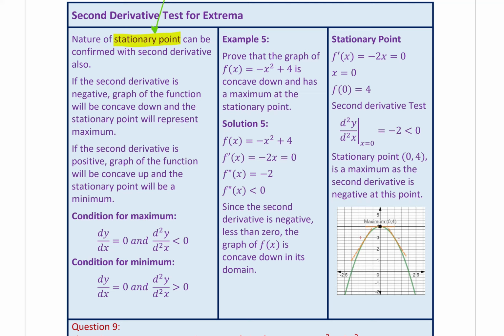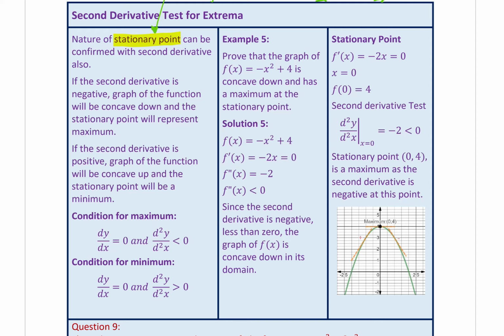So till now what we have done is we check the first derivative, and if it goes from increasing to decreasing, we know we have a maximum, correct? But if the stationary point we're checking goes from decreasing to increasing, we know that is a minimum.